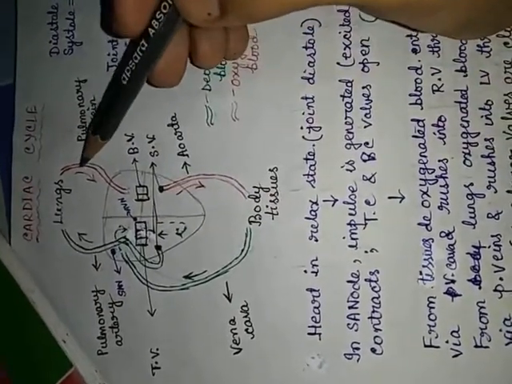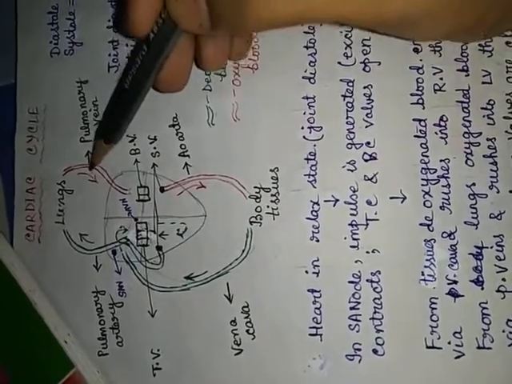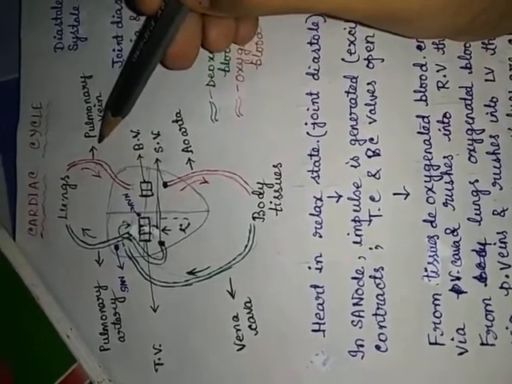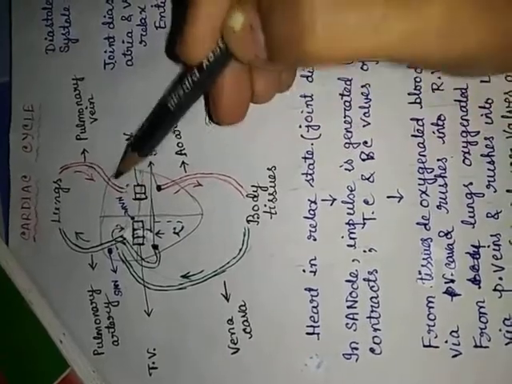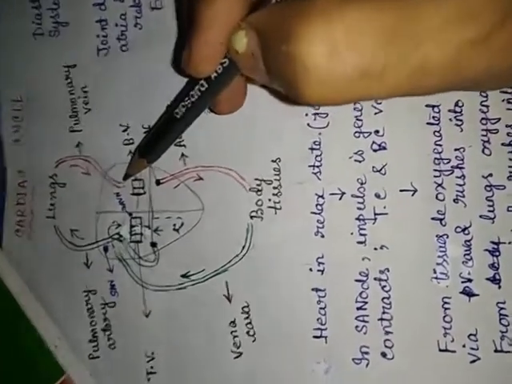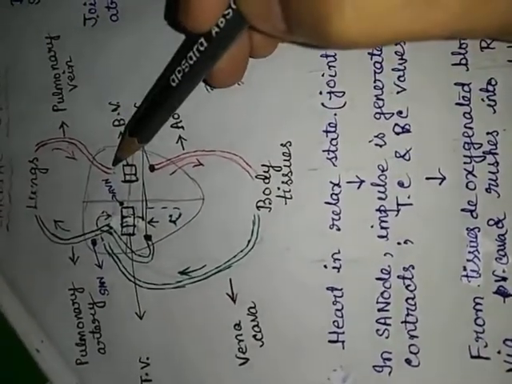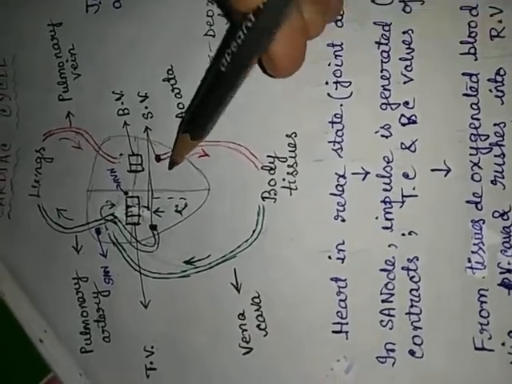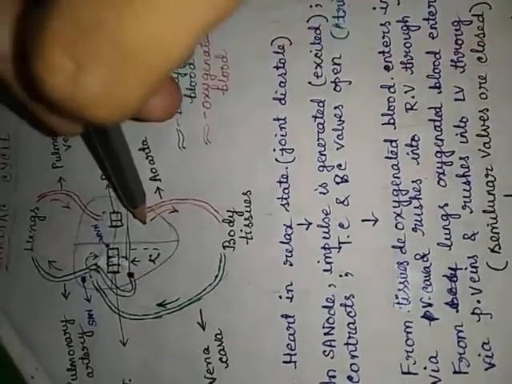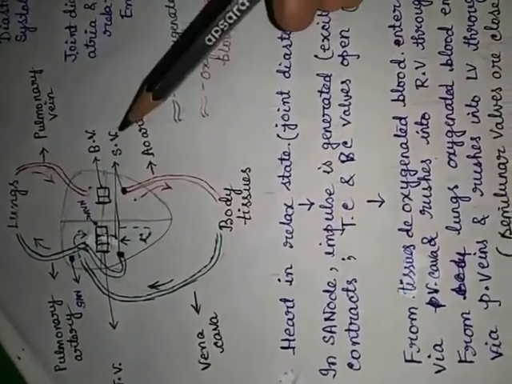Similarly, the oxygenated blood via the pulmonary vein enters into the left auricle, and from here it directly enters into the left ventricle. Why?